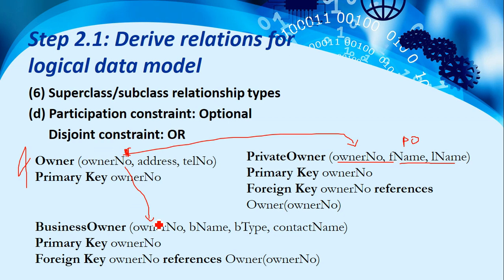So yun, so owner number, and then itong B name, B type, and contact name, this is just from the attributes from the business owner entity, and yun, these four attributes will serve as the attributes for this business owner na relation, and primary key, foreign key, owner number. Yep.